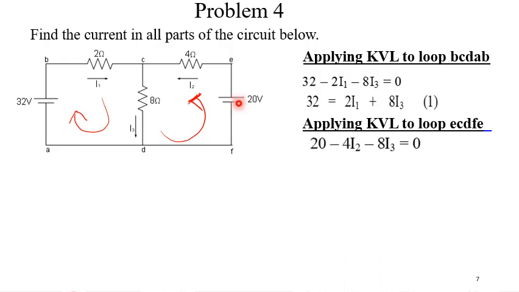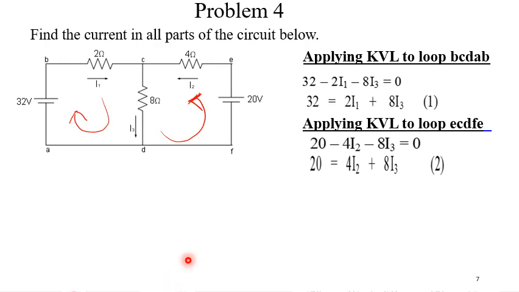Or they also said sum of voltage sources is equal to sum of voltage drops. So the voltage source here is 20. Then we can write 20 is equal to voltage drops. All the currents are going in the anti-clockwise direction, which is 4I2 plus 8I3. So we'll write it as 20 is equal to 4I2 plus 8I3.